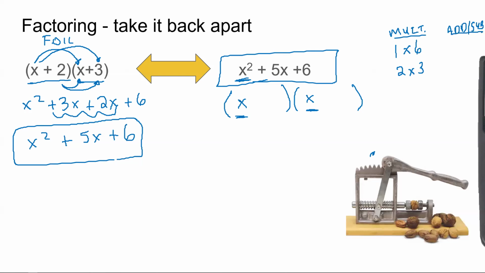So when I take 1 times 6, that adds to 7, and it would subtract to 5. 2 times 3 multiplies to 6, but it would either add to 5 or subtract to 1 or negative 1, depending on which way the signs were. So those are my possibilities. And since we want a 5 in the middle, we could really do it with either one.